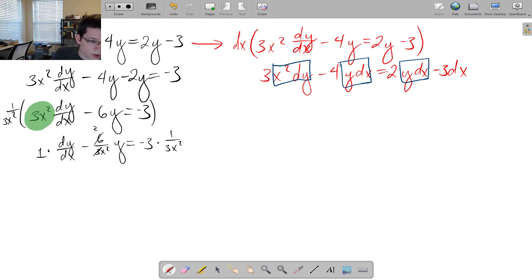That's a 2, that's a 1, that just becomes a negative 1, so we have dy dx minus 2 over x squared times y equals negative 1 over x squared.